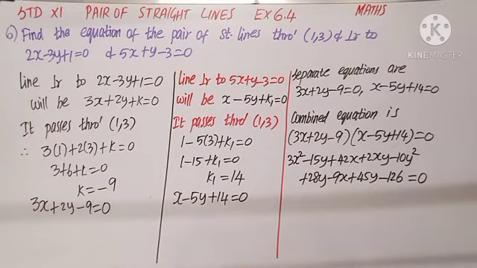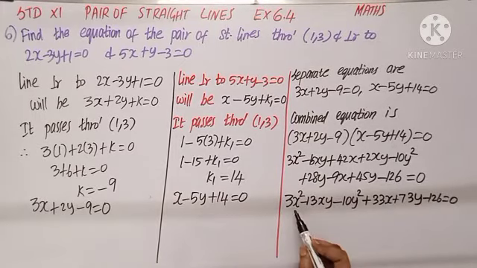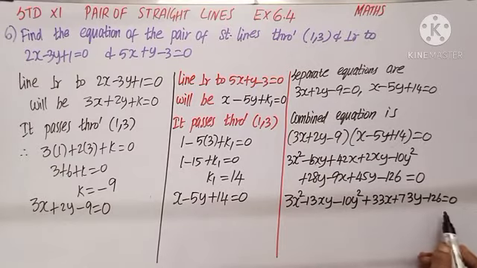Let us simplify and arrive at the answer. 3x square minus 13xy minus 10y square plus 33x plus 73y minus 126 equal to 0 is the equation of the pair of straight lines with the given condition.